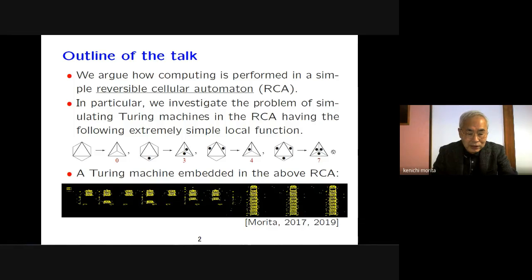I will explain reversible Turing machines can be realized in the cellular space shown in this picture below. How the configuration evolves will be shown using a cellular automaton simulator, Golly, later.